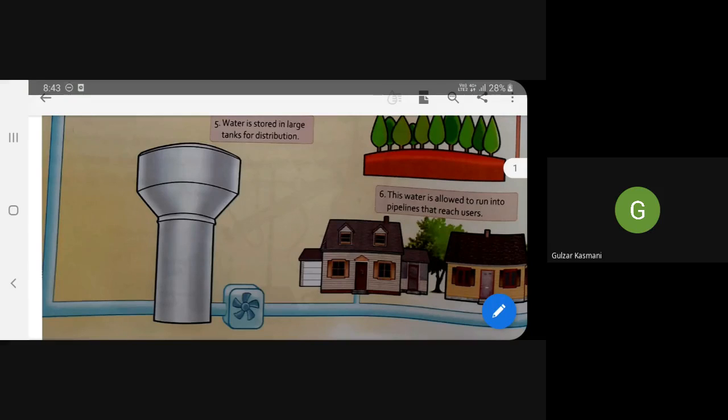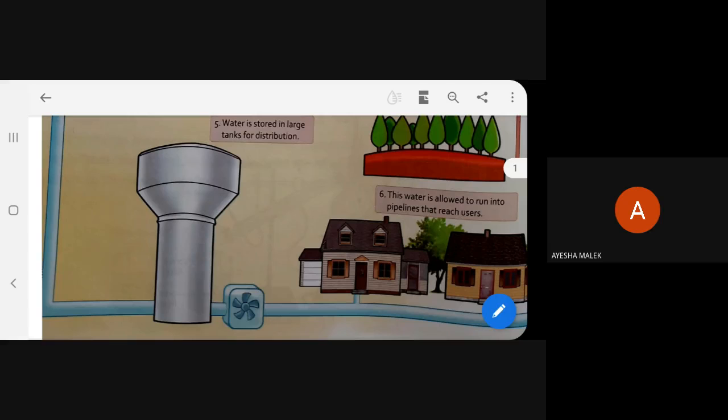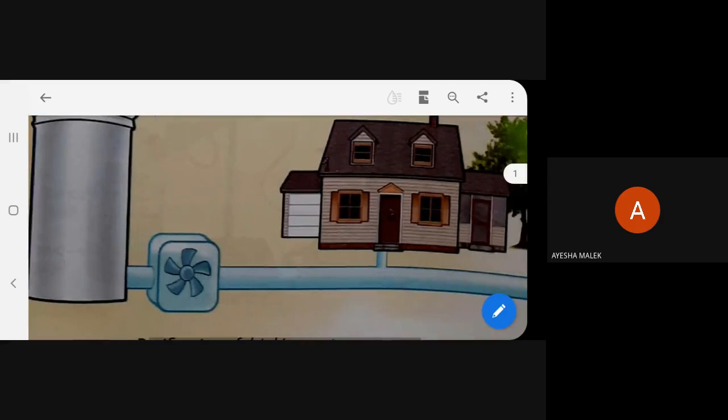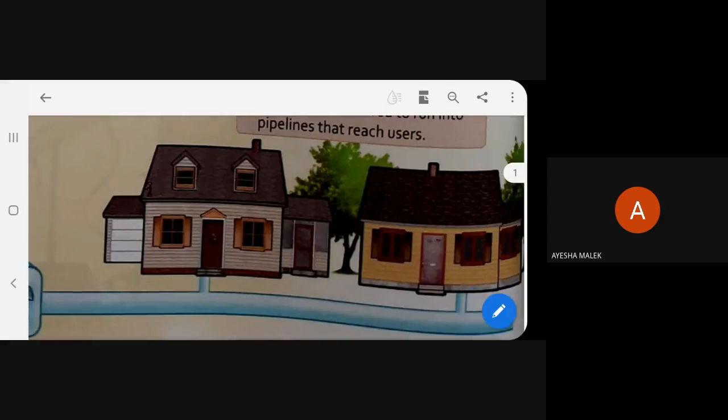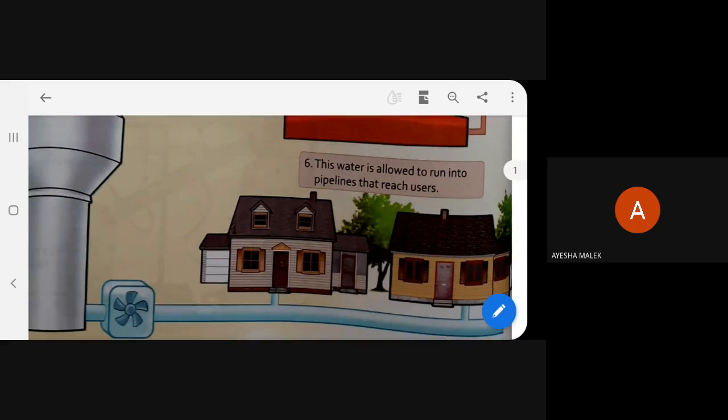After passing through different methods, water comes inside this tank and is stored here. Then again it passes through this kind of filter, and then it reaches our houses through the pipeline. So in this way, water comes to our house.